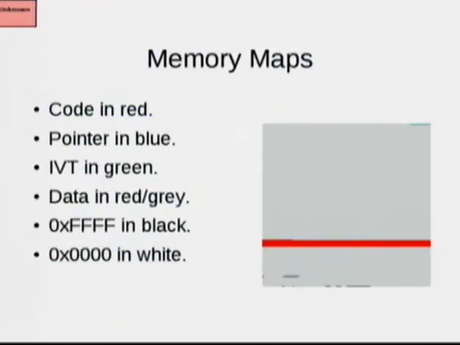You can draw memory maps very easily just by selecting code out and piping the rows through something that translates it into drawing instructions for a graphics program. Here you can see a very small program that begins around 4,000 hex. The application data is in red. The executable code is in red.